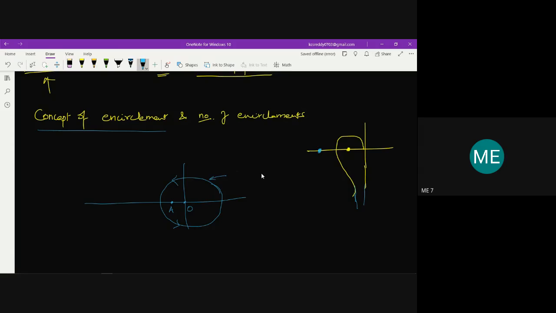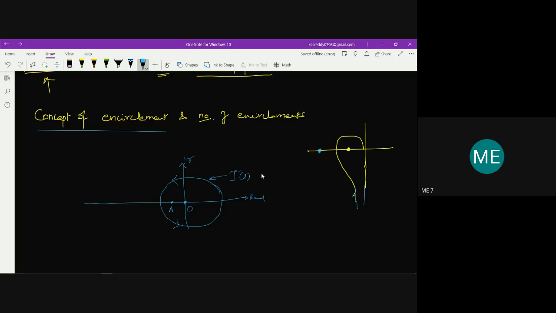This is a new path, which is called tau of S. In this, the points O, the origin, and A are both enclosed by this path, or we can say encircled by this tau of S path. Here this is the real axis and this is the imaginary axis.